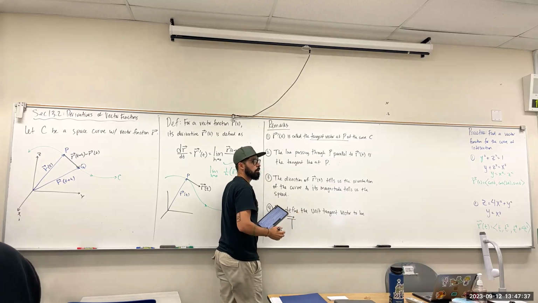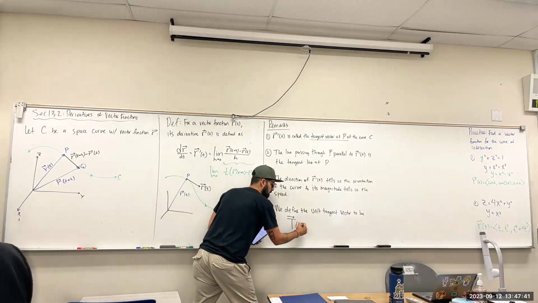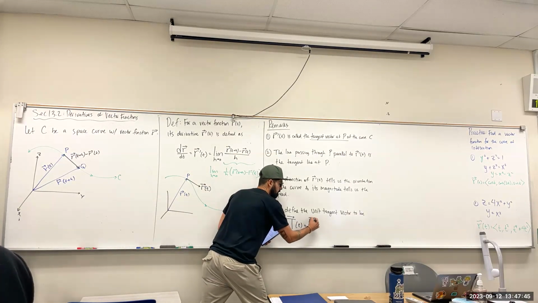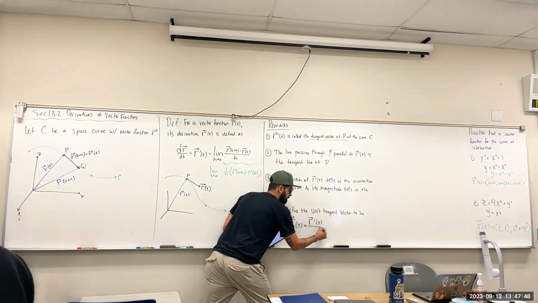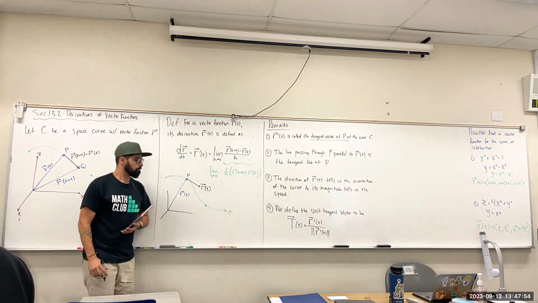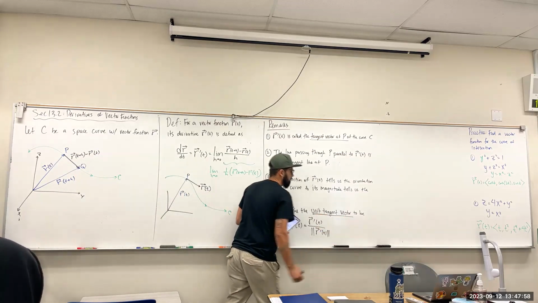In section 13.3 we're going to use it a lot. It's going to be capital T of t, which will be the derivative of r divided by the magnitude of the derivative. It's going to be a special vector, which we use a lot in this class.